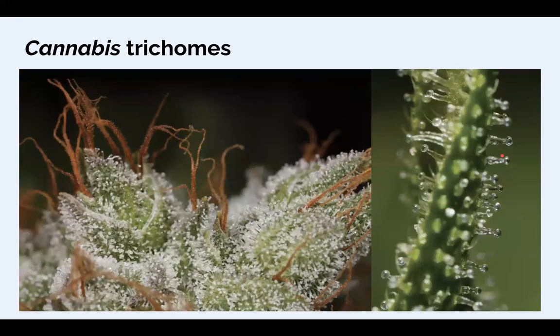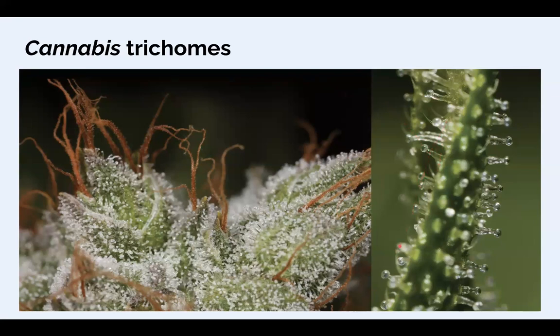And then I guess I can't mention trichomes without coming around to this plant. If you ever do a web search on trichomes, you're likely to pull up images of cannabis. So this is the recreational drug, medicinal drug, cannabis, marijuana. And what people like from cannabis is this chemical THC, tetrahydrocannabinol, and it's produced on these glandular hairs.